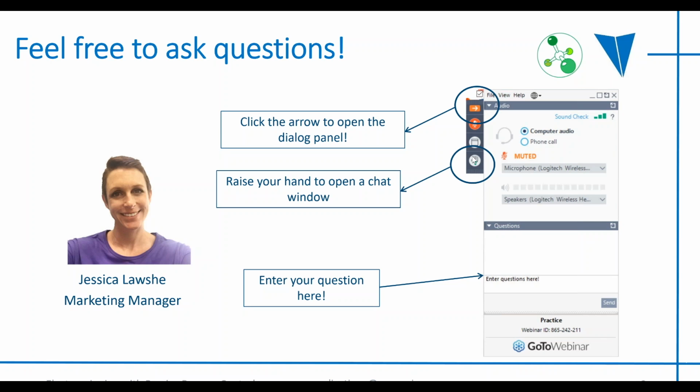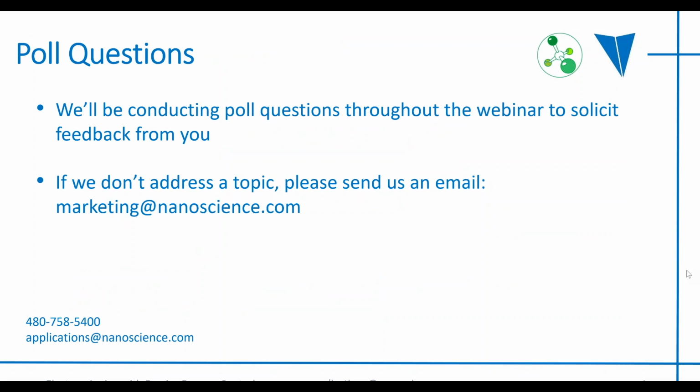Or if you would prefer to ask a question privately, you can enter your question here. And myself or David Marchand, who is our other application scientist at NanoScience Instruments, will be responding to you as best we can during the presentation. We will also be conducting poll questions during the course of the presentation.